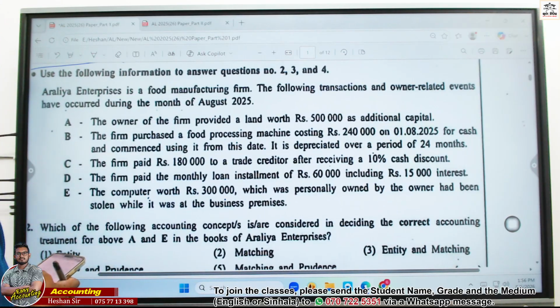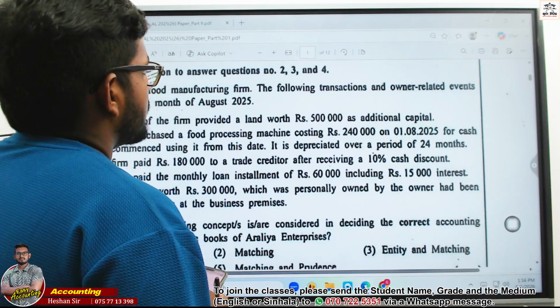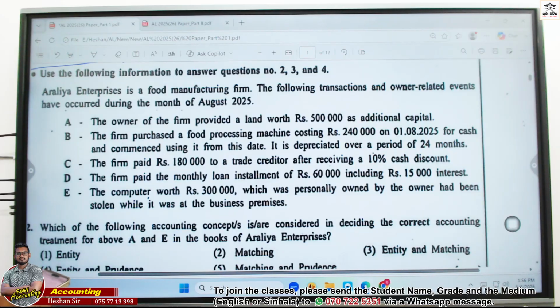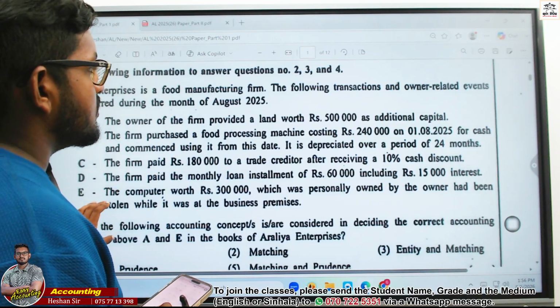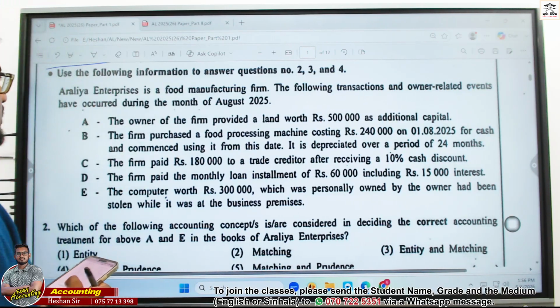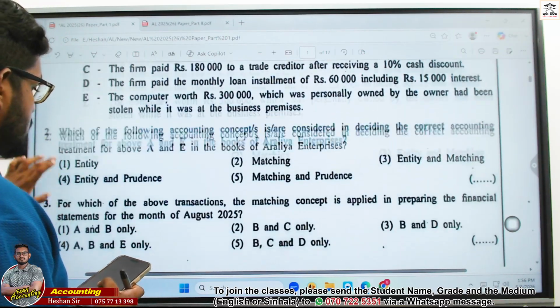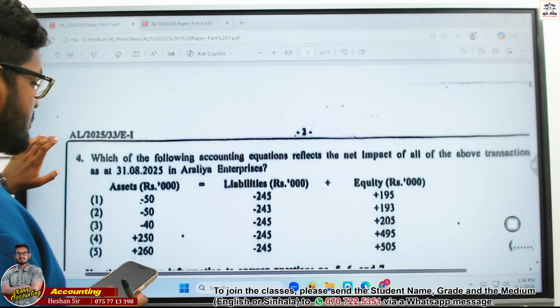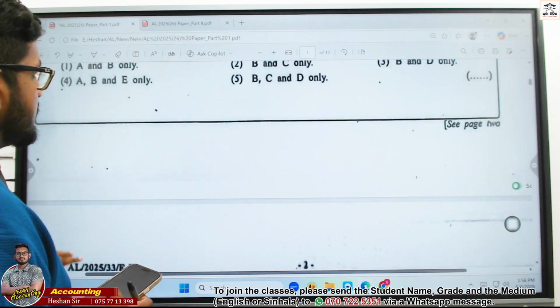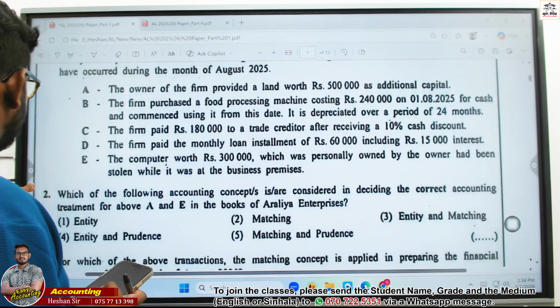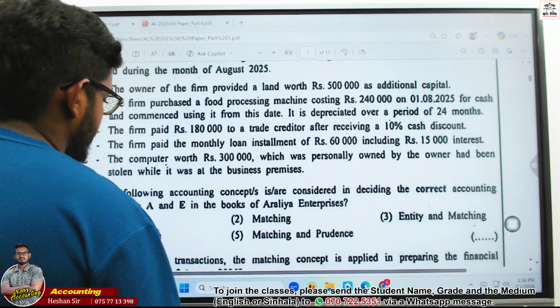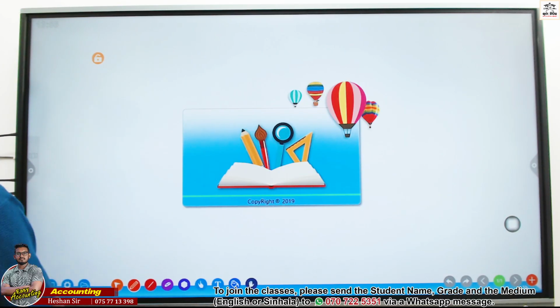Arali Enterprise is a foods manufacturing firm. The following transactions and owner related events have occurred during the month of August 2025. So they are asking the accounting equation: assets equal liability plus equity.